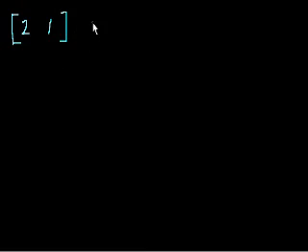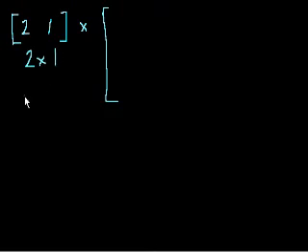And let's say that I wanted to multiply this times, I don't know, so this is a 2 by 1. Let me think of something. 1, 2, 3, 4, 5, 6.